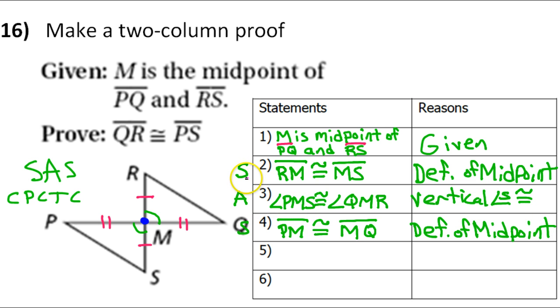Now that we've shown a pair of sides, a pair of angles, and a pair of sides congruent, the included angle, then I know that the triangles will be congruent by side, angle, side.